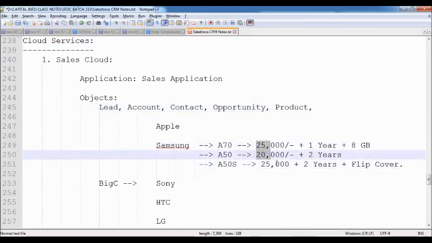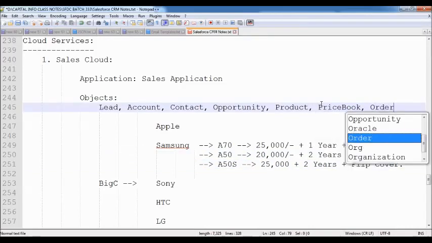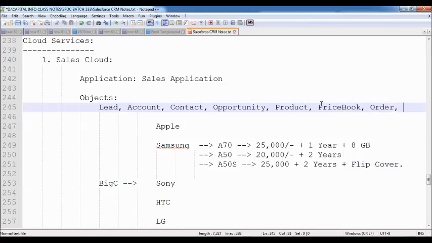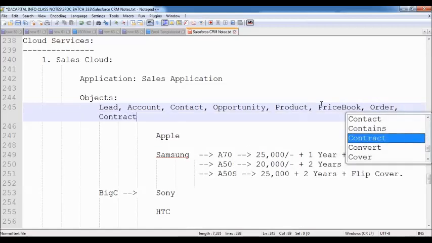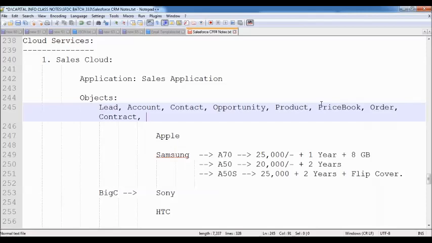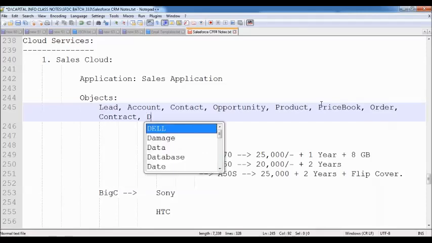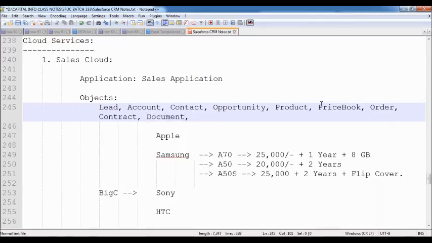To store each and every product price, we are using an object called the price book object. To store the orders information, we are using the order object. To collect the contracts information, the contract object. Along with that, we are using the document object, and then the quote object to store the quotations information.